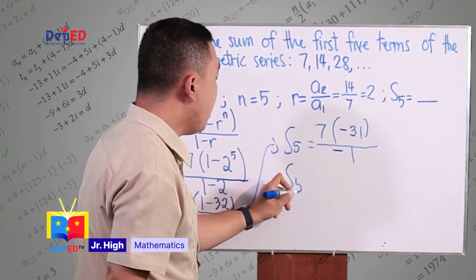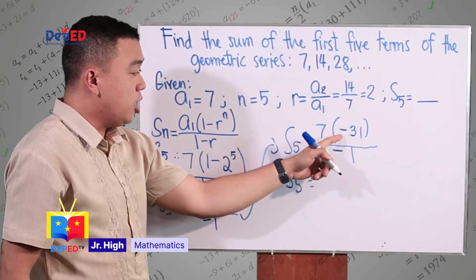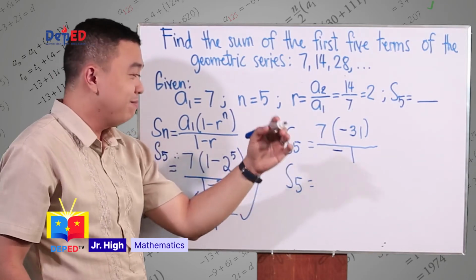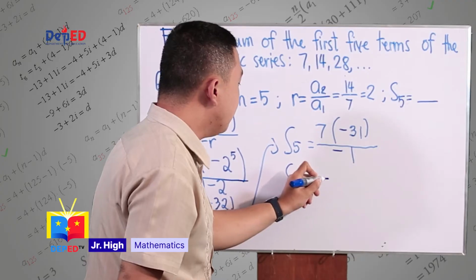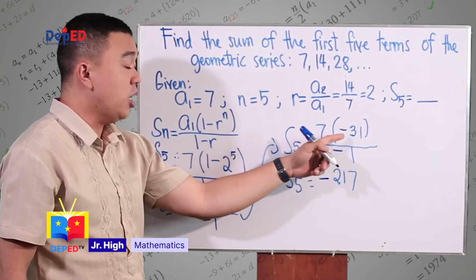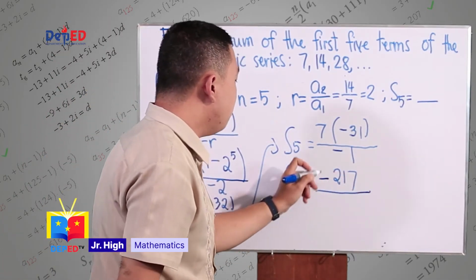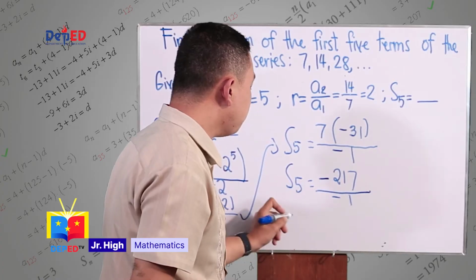Then we have S sub 5 is equal to the product of 7 and negative 31, that's negative 217, negative because we are multiplying numbers with unlike signs, divided by negative 1.